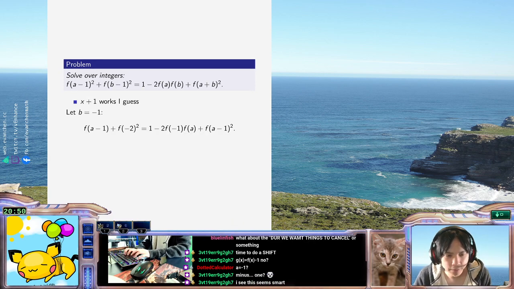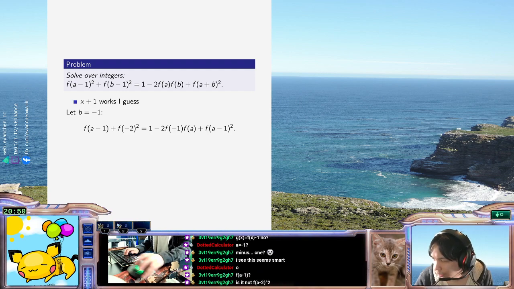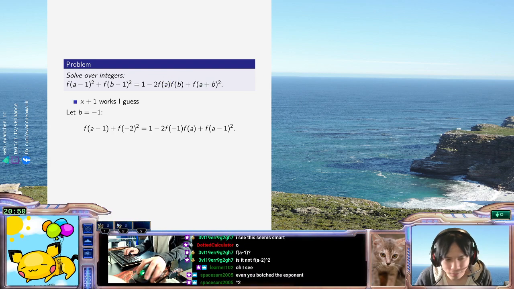And what that means is that if I rearrange this, it says, wait, what? B equals minus 1. That's not supposed to happen. Why did it?